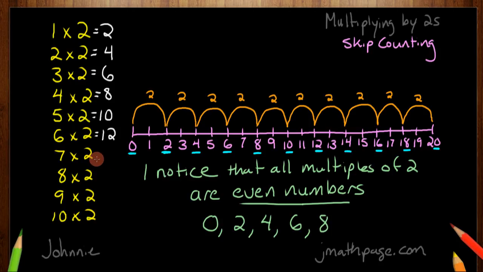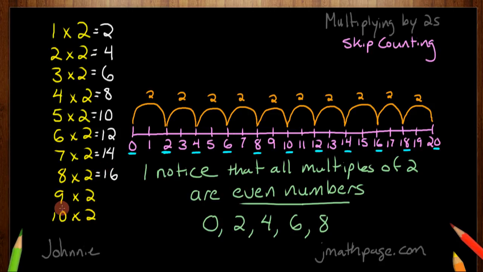So 7 times 2 equals 14. Again, skip counting by 2, but this time 8 times. 1, 2, 3, 4, 5, 6, 7, 8, and I find myself at 16. So 8 times 2 equals 16.